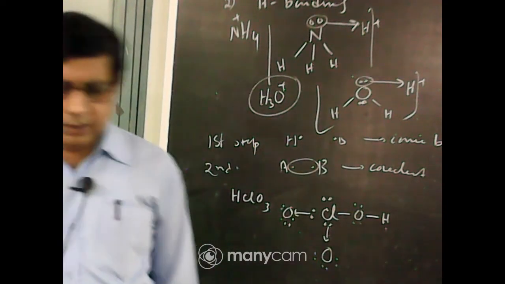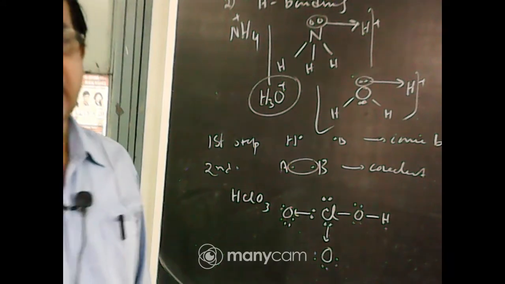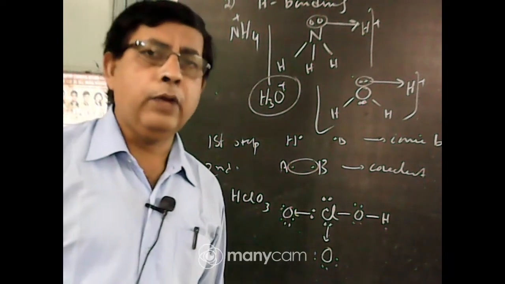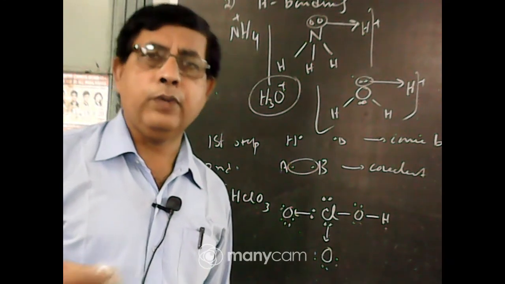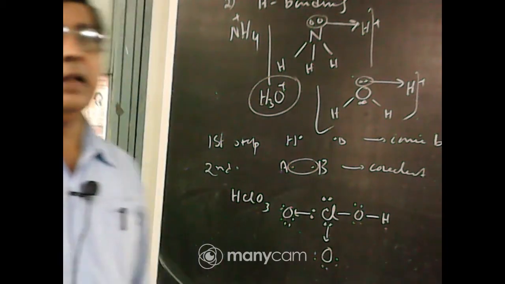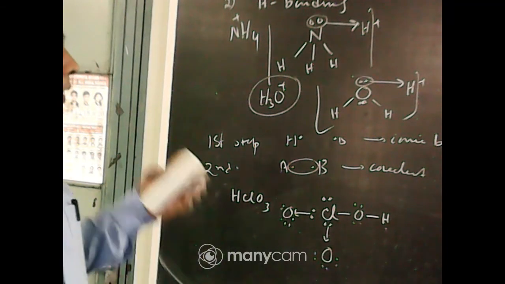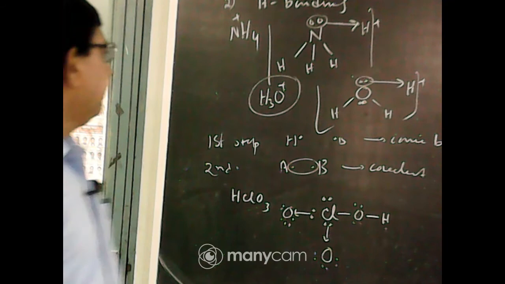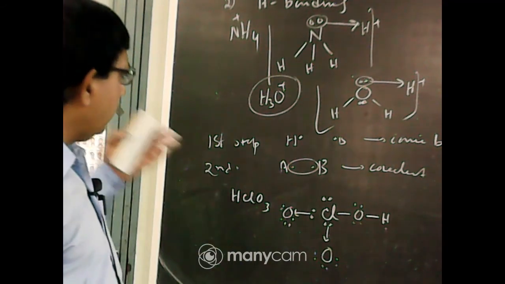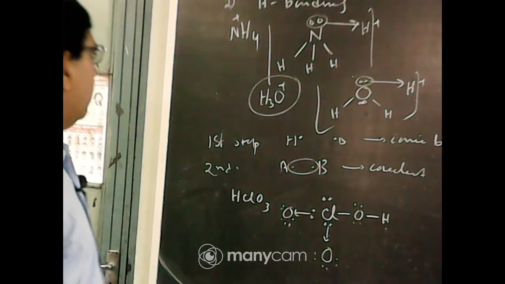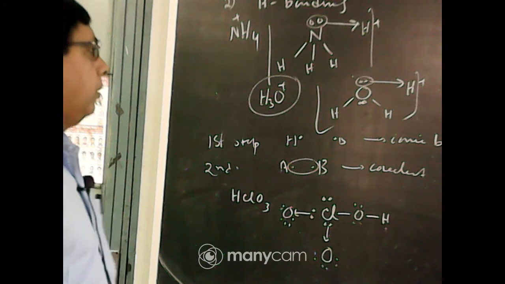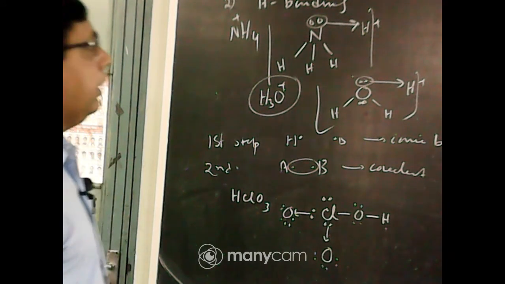So a coordinate bond is formed by unequal sharing of electrons between 2 atoms. One atom must have a lone pair of electrons and another atom must have a vacant orbital where the lone pair of electrons can be donated and a coordinate bond is formed. So this is the coordinate bond.